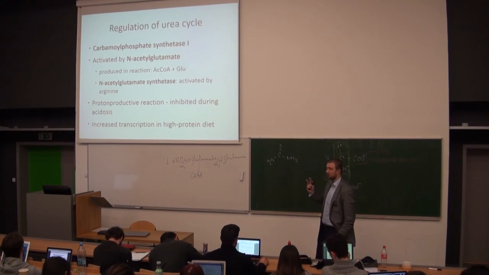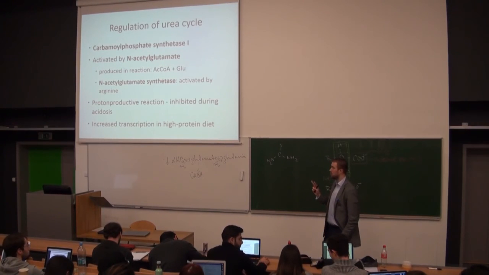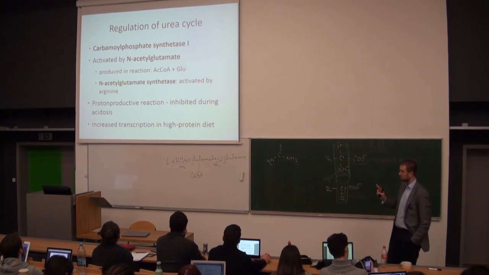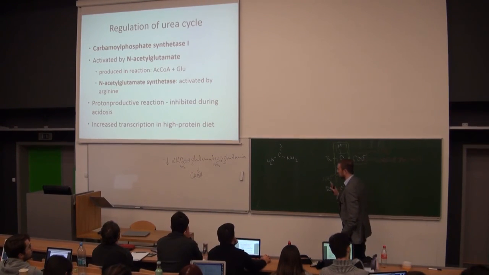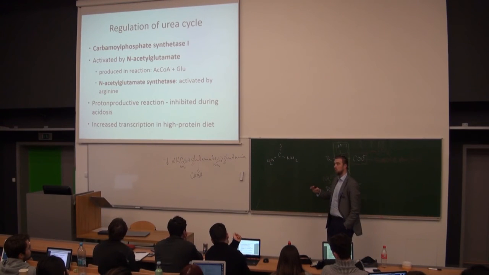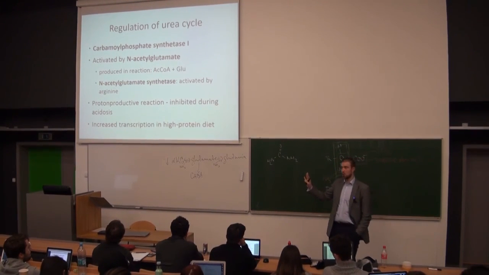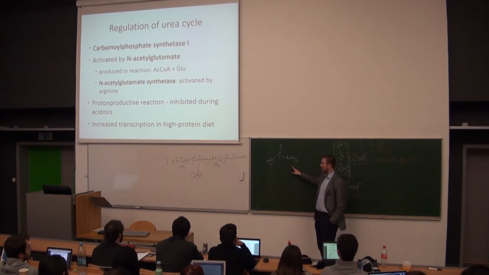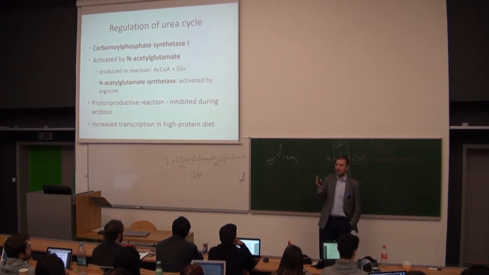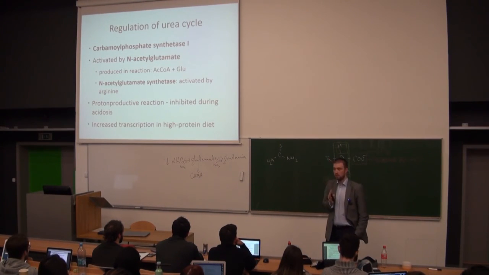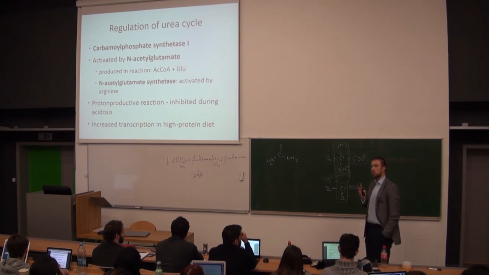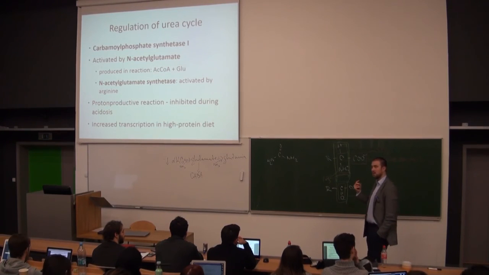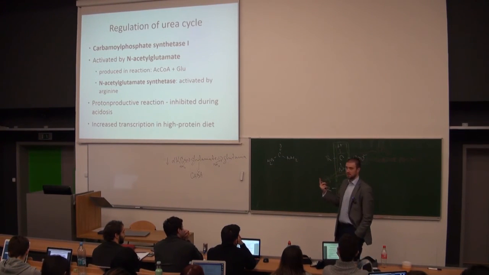The second regulation is related to acid-base balance and intracellular pH. In the urea cycle, if we do a simplification, you can say that you convert a base, called ammonia, to a neutral compound called urea. That means that from your body you remove a base and produce a neutral compound. The question is what you will do with the H+, the hydrogen cations, that are typically bound to this base.